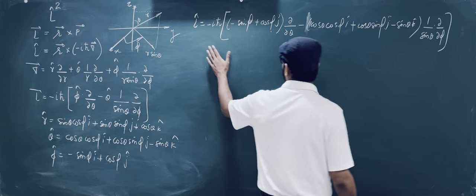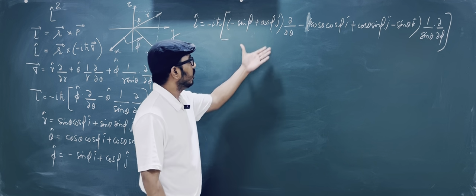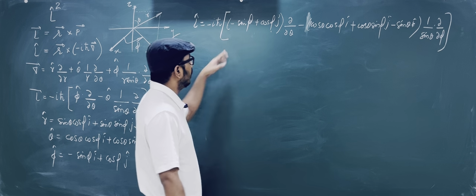So this is angular momentum in i, j and k, and now we are going to separate i, j and k.